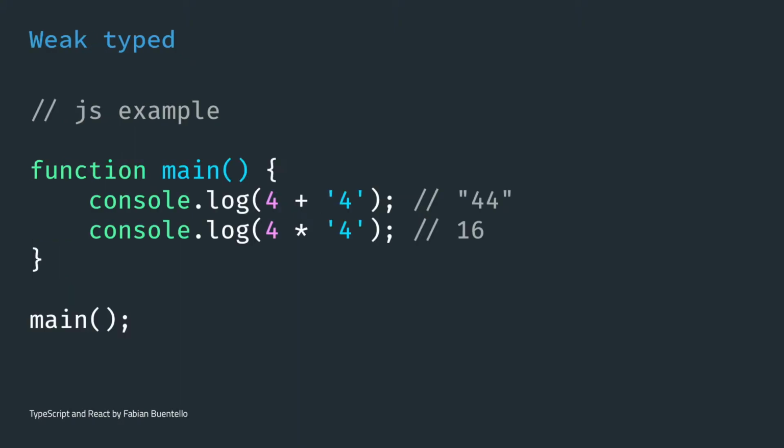Now, a weakly typed language like JavaScript, which is also dynamic, we're going to pay close attention to the console log. In the first example, I have a number, an operator, and a string. When I do the number 4 plus the string 4, what the JavaScript interpreter does is convert the number 4 to a string, concatenate it to the second 4, and spit out the string 44, right?